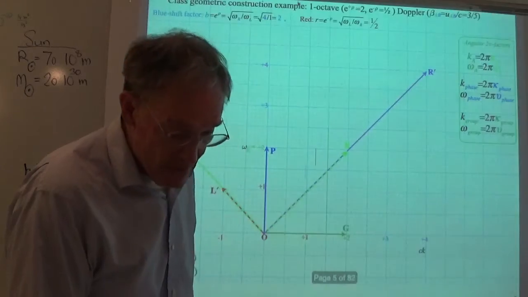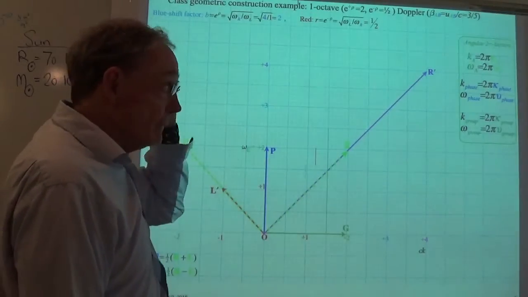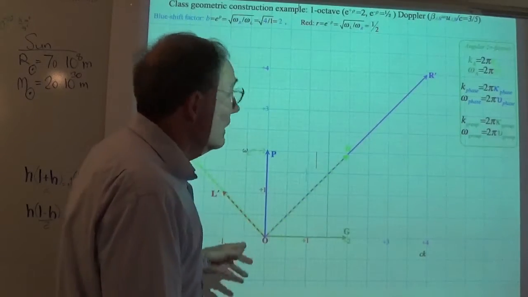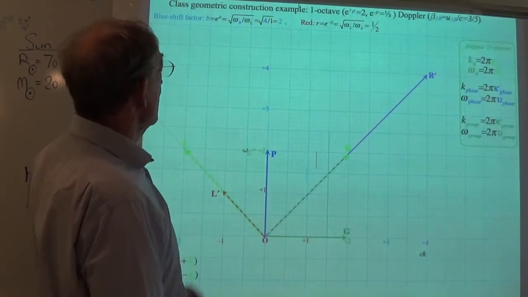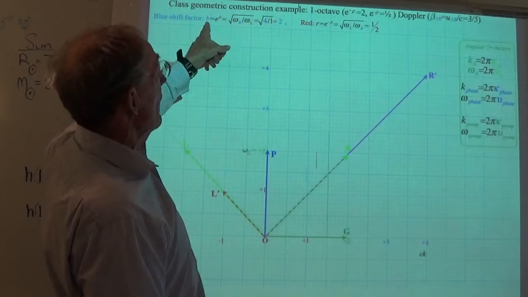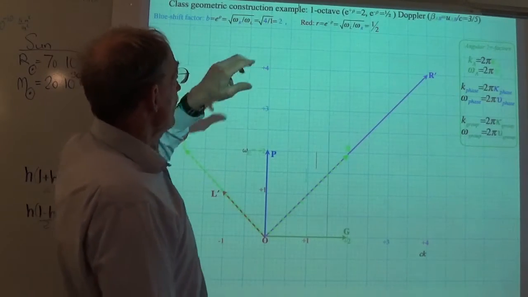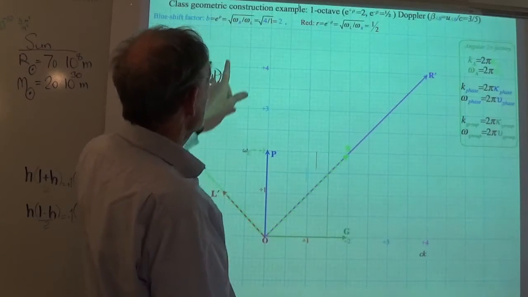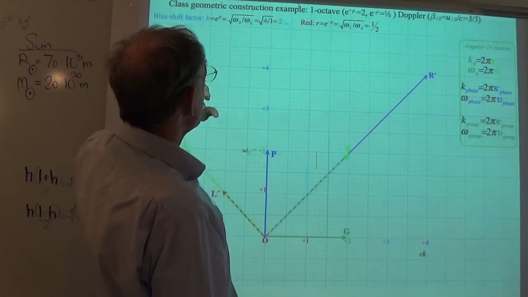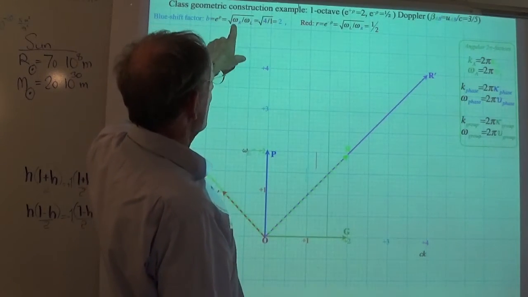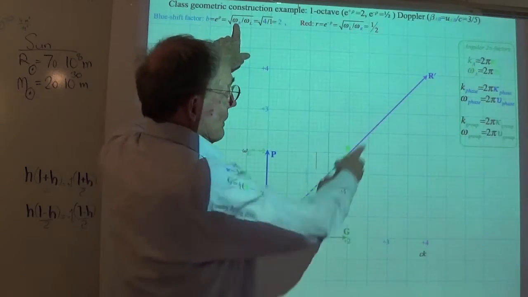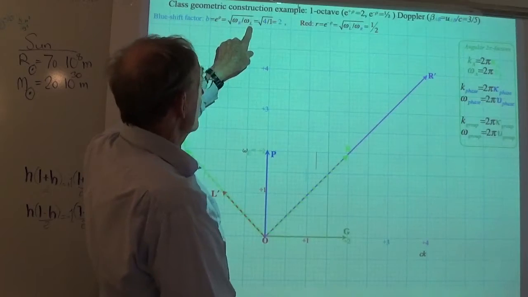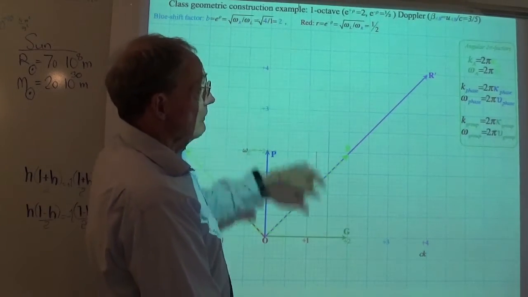So the first step that we did last time already was to say, I want a Doppler shift of 2, or blue shift factor. And the blue shift factor, in terms of the right and left, is the square root of the thing on the right divided by the thing on the left. So we're talking about a blue shift factor of 1 octave.